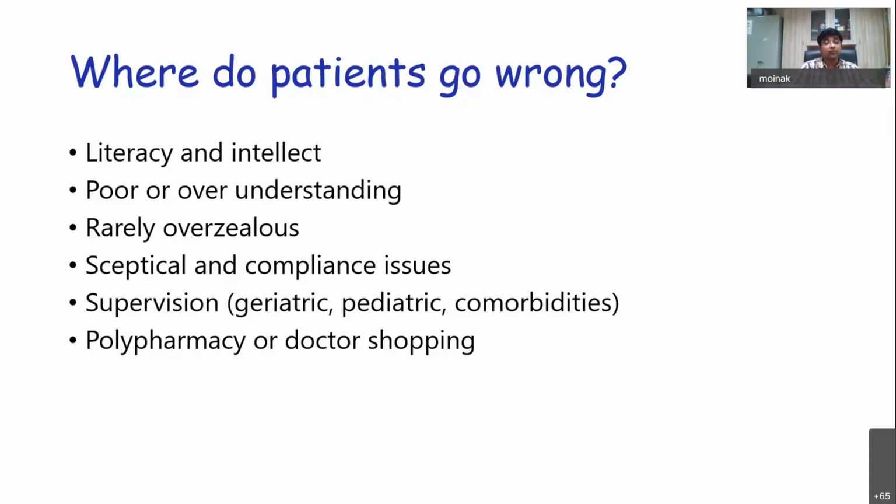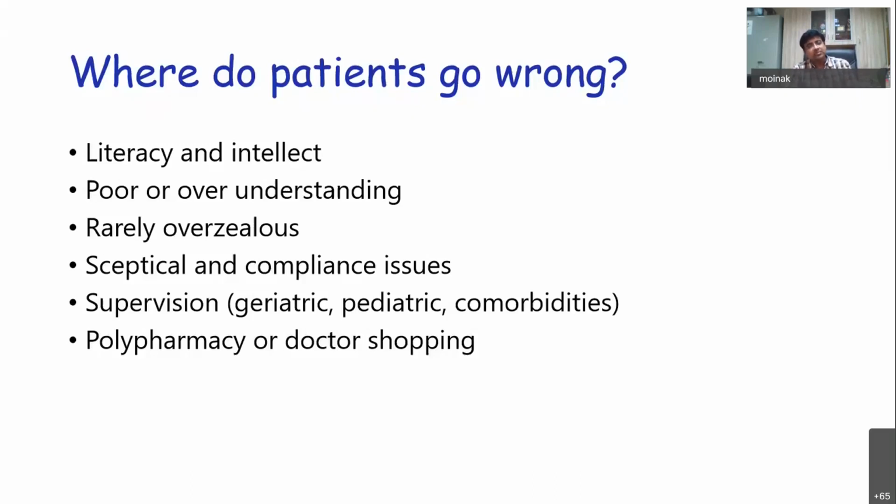The other end of the spectrum is skeptical, where a patient does not really trust the antibiotic you're giving. If you've written amoxiclav 625 mg twice a day, they may think, oh, that's going to harm me, and take just one drug, not for 5 days, but for 3 days. So being skeptical and compliance issues make it very complicated.